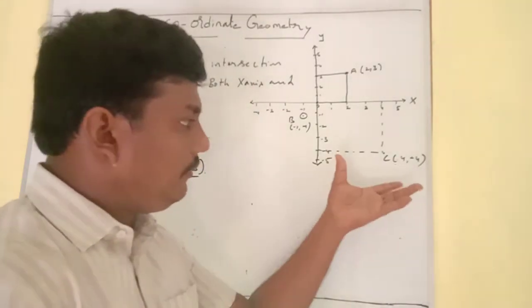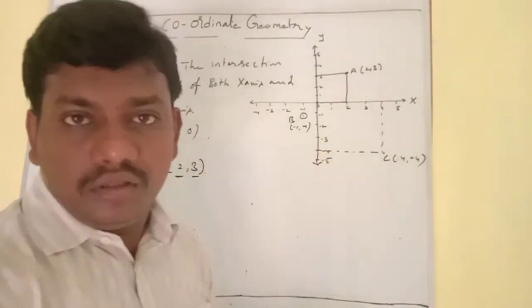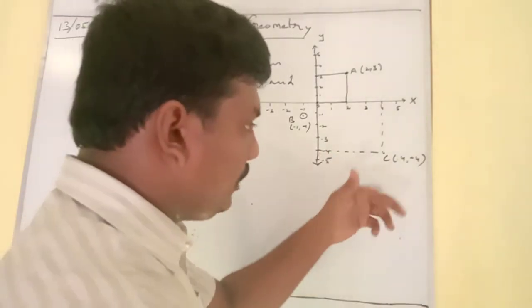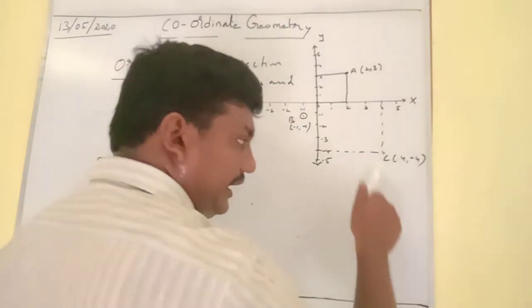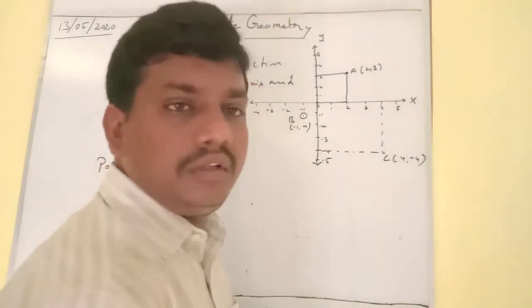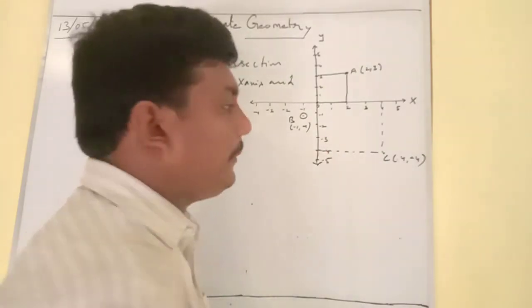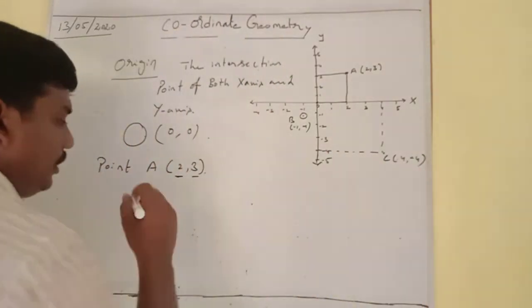An ordered pair: the pair of values should follow an order inside the bracket. That is called an ordered pair. First value x, second value y. It is a must, so we have to follow it.